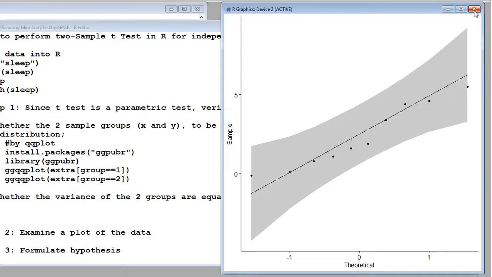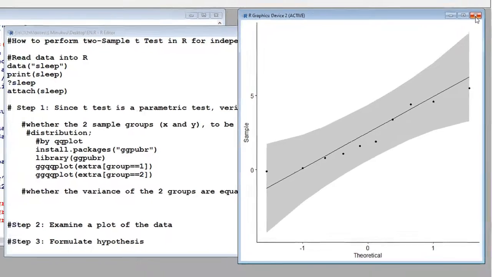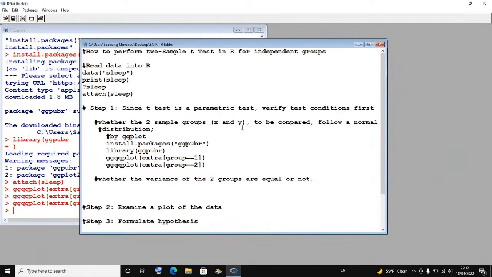Apart from this, we can now conduct what we call the Shapiro-Wilk test of normality, because graphically looking, it is sometimes hard to interpret the QQ plot. So let's quickly do the Shapiro test, or the Shapiro-Wilk normality test. That one too is very simple.